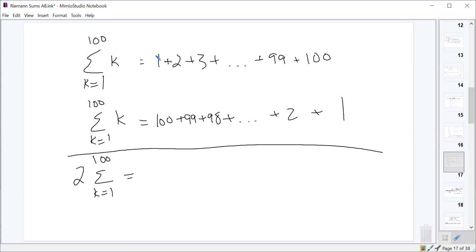And this would be, let's see, if I added 1 plus 100, that'd be 101. And what if I added 2 plus 99? What would that be? 101. And 3 plus 98? Still 101. And all of them in between would be 101. And 99 and 2 is 101. Right? Good?